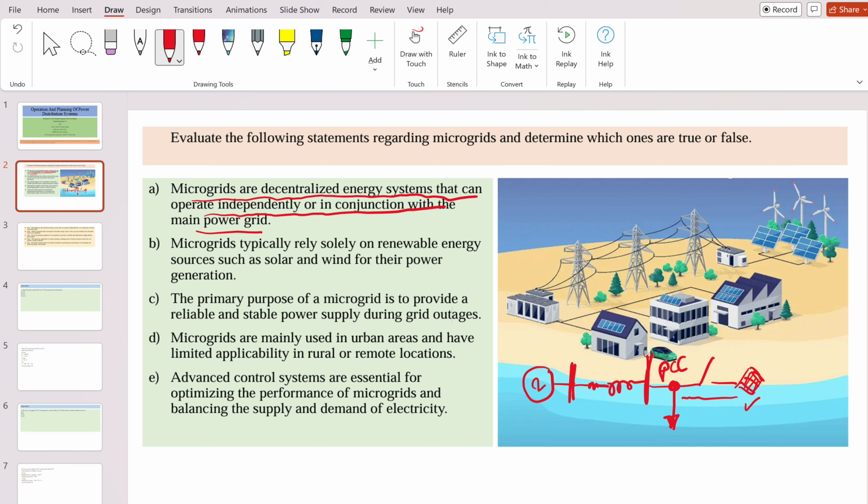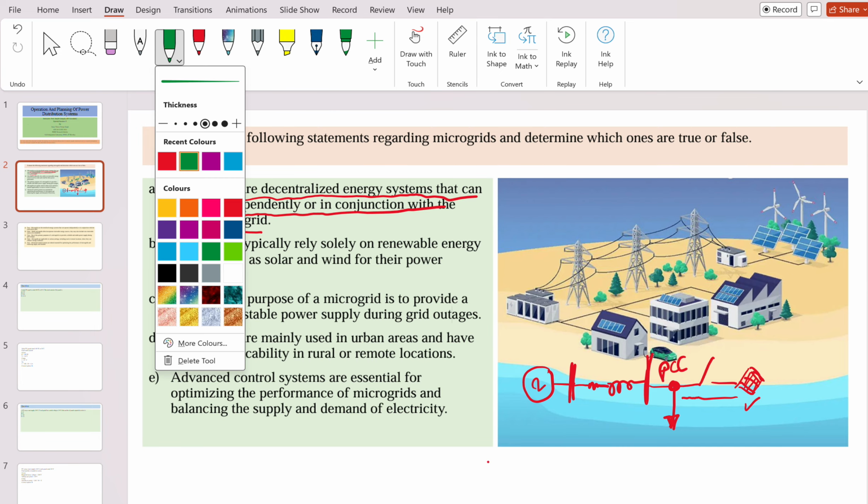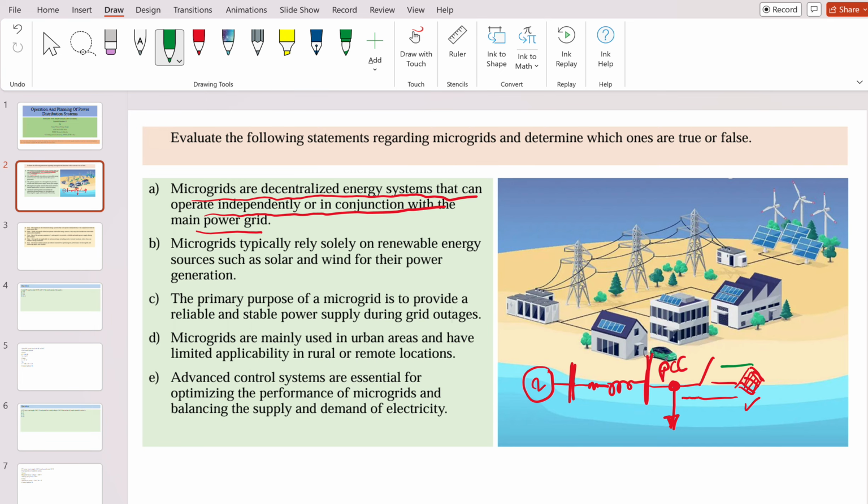PCC is the point of interconnection, which comes after the filter; if an inverter is there, the point after the LC filter is called the PCC. This DER is a solar plant, and it supplies power to the house, and it can also send extra power to the grid in grid mode operation.